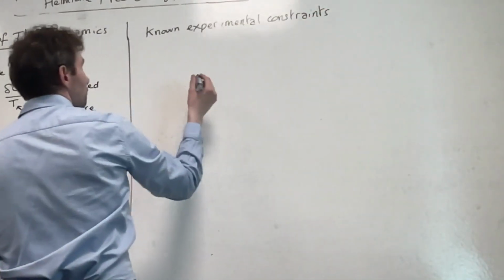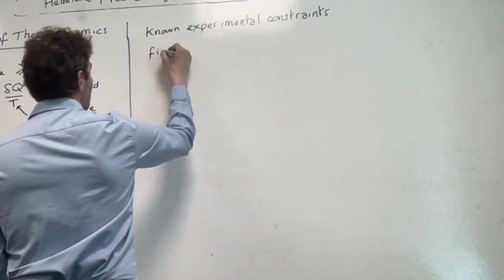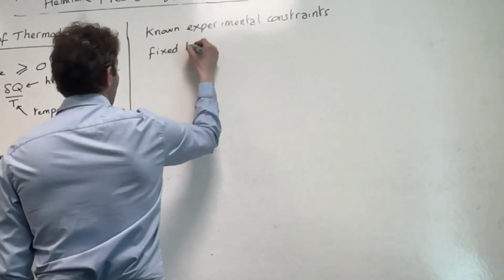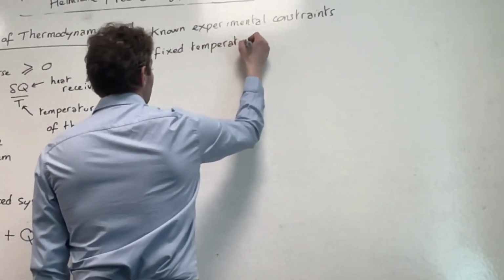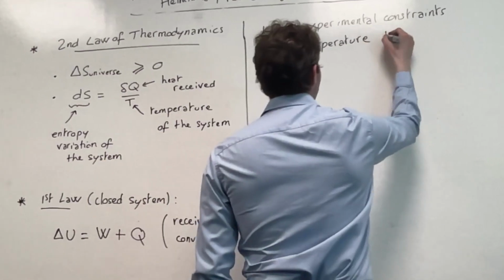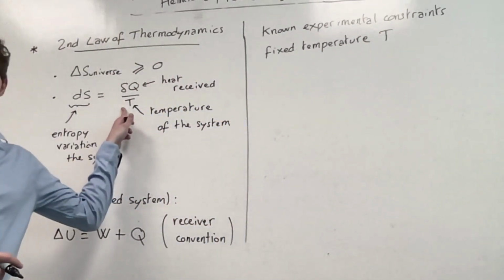And these experimental constraints are going to be fixed: temperature. By the way, I forgot to mention, but here the T is to be expressed in Kelvin, okay?